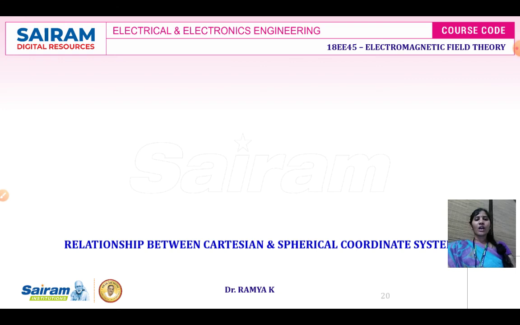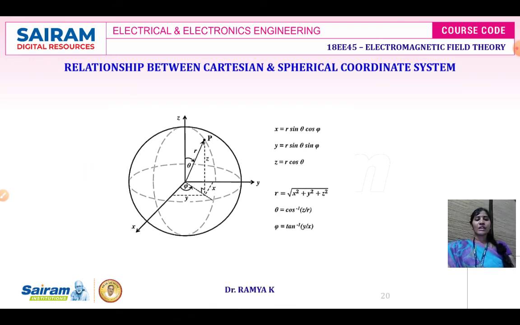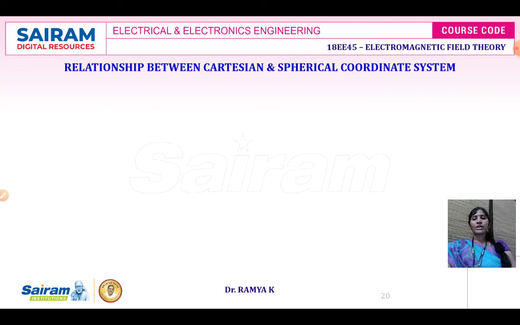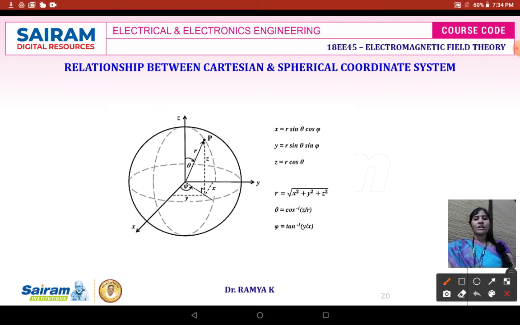Next, how to convert your Cartesian system to the spherical system and the spherical system to the Cartesian system. If you have the coordinates x, y, z, then you identify r, theta and phi using these formulas. That is, r is equal to root of x square plus y square plus z square.